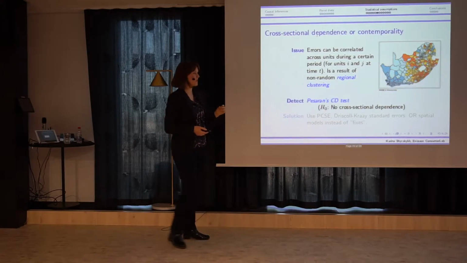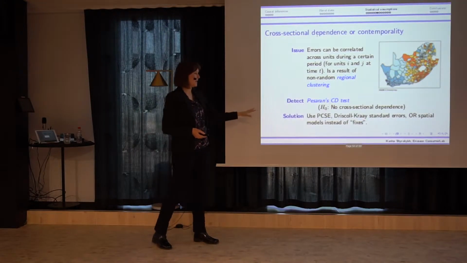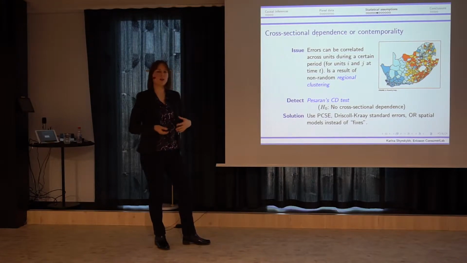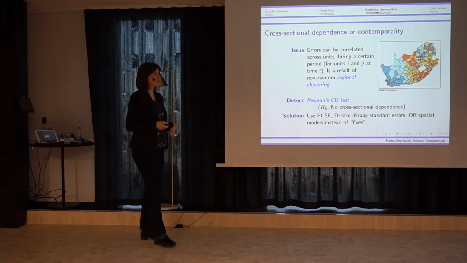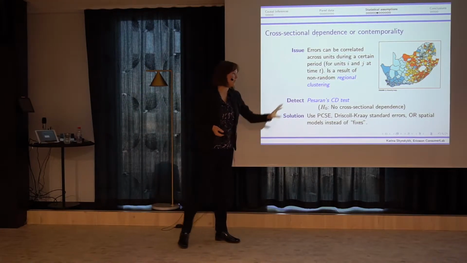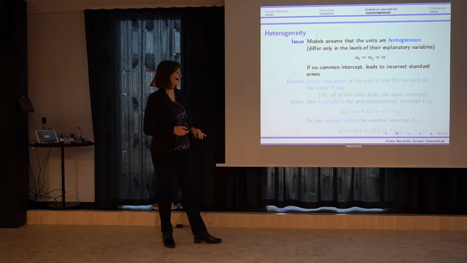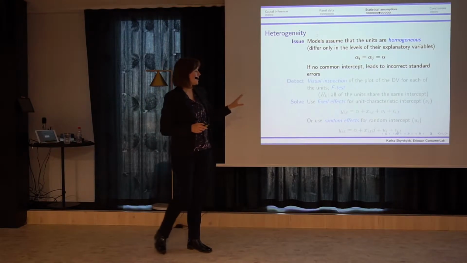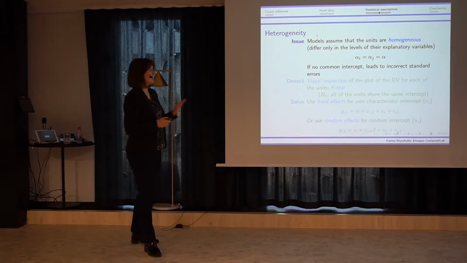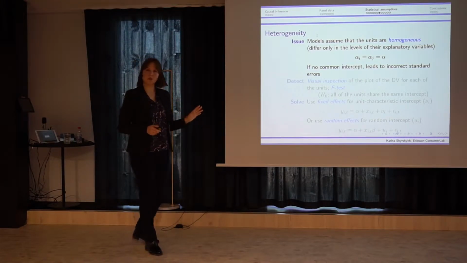So you need to fix for that. Again, there are some tests for that, and you can use, for instance, spatial models to do that. You don't necessarily need to apply panel data models, but you can also fix for that using Driscoll-Kraay standard errors, for instance.